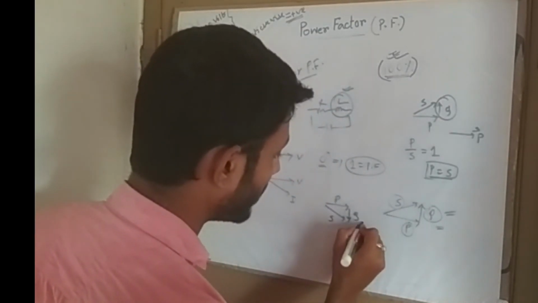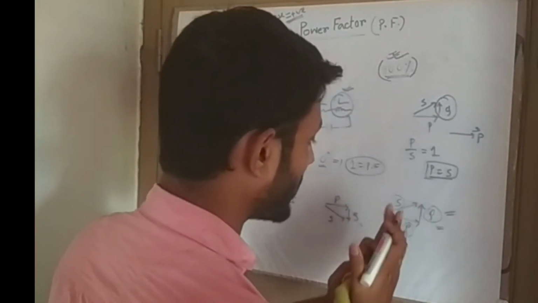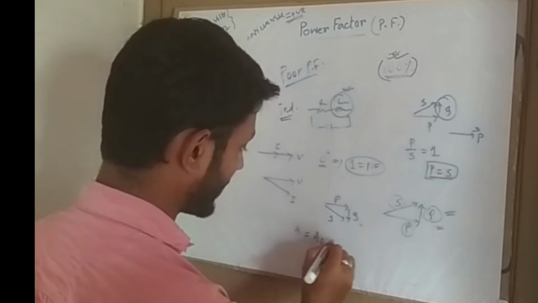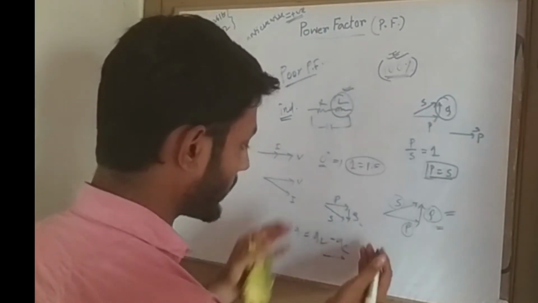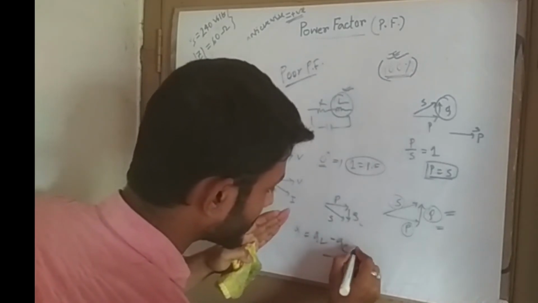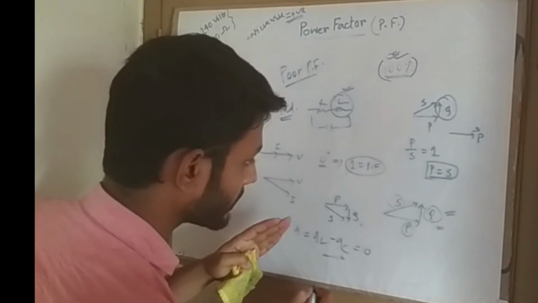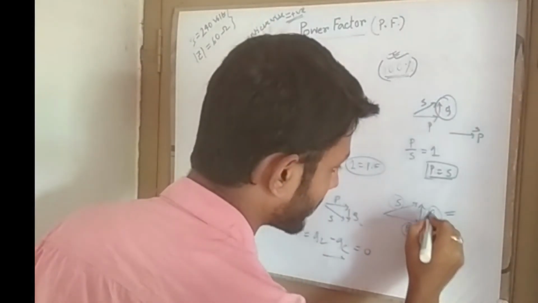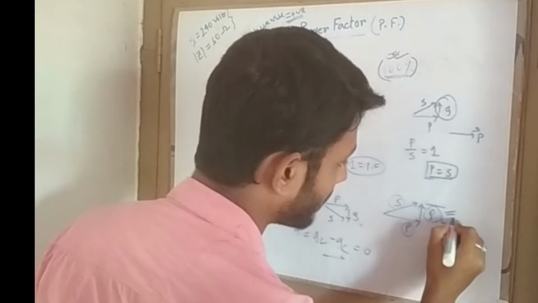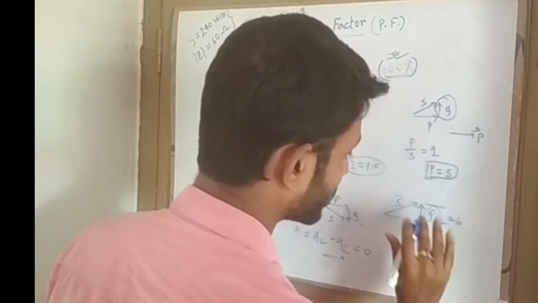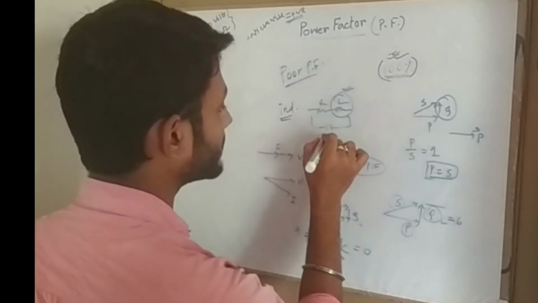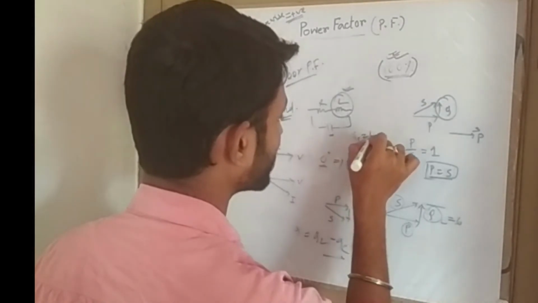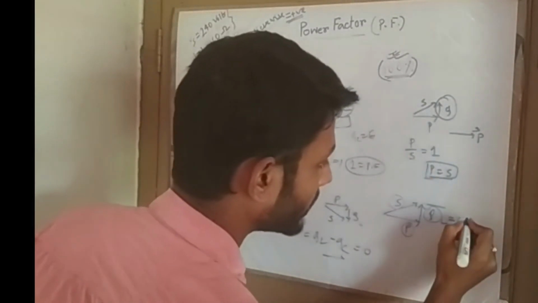So this QC value, as both will be opposite, the overall Q value, that is QL minus QC, we can make the difference between these 0. That means after putting this capacitor, suppose here the QL value is 6 units. So if we put a capacitor where QC equal to 6, then this QC will be downward.